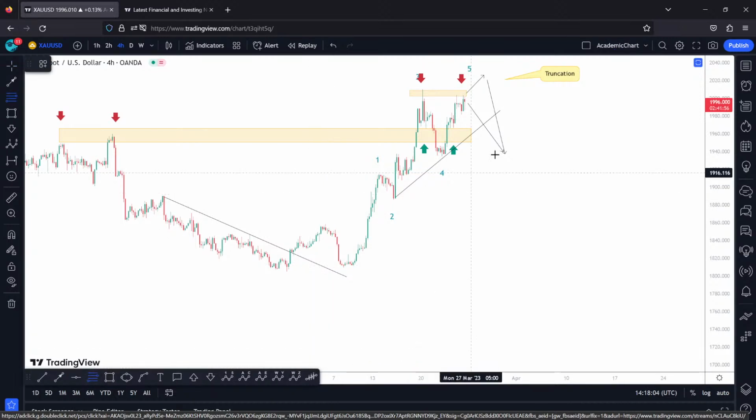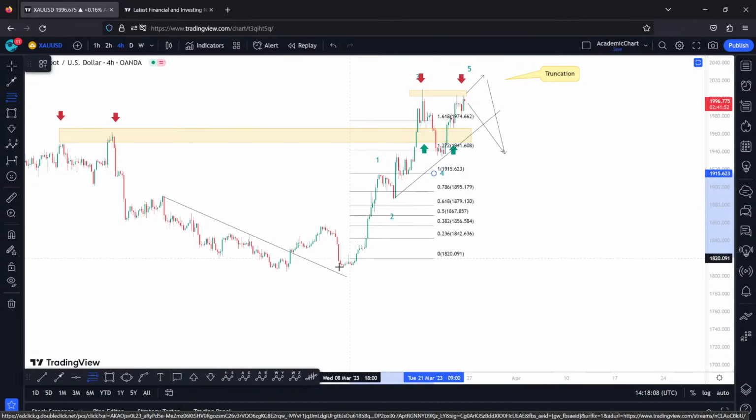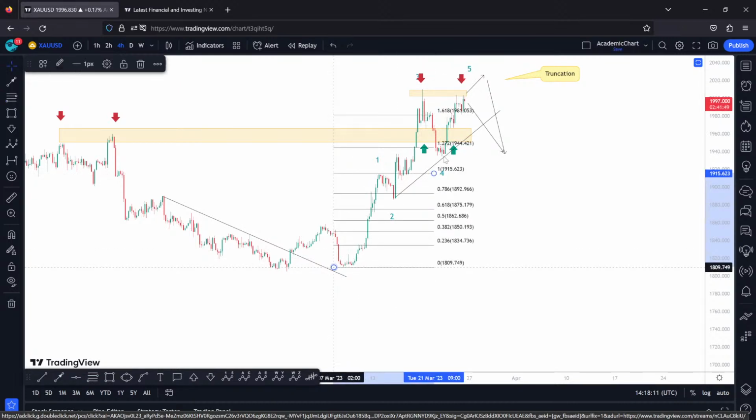You can see if I utilize the Fibonacci extension tool, it's the same tool here on TradingView, the platform that I'm using, we can see that the third wave has passed the regular 161 percentage, and this extended third wave is probably the reason that we might have a possible truncation on the fifth wave.